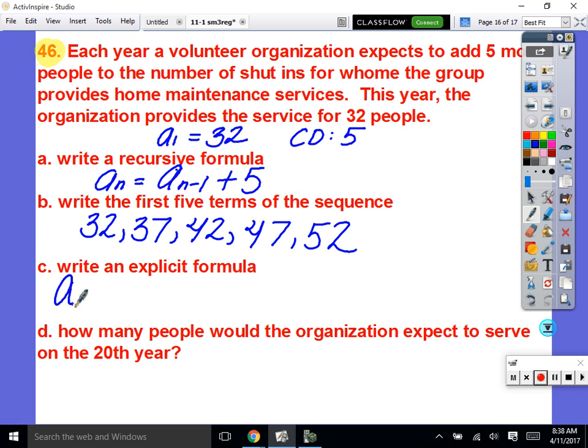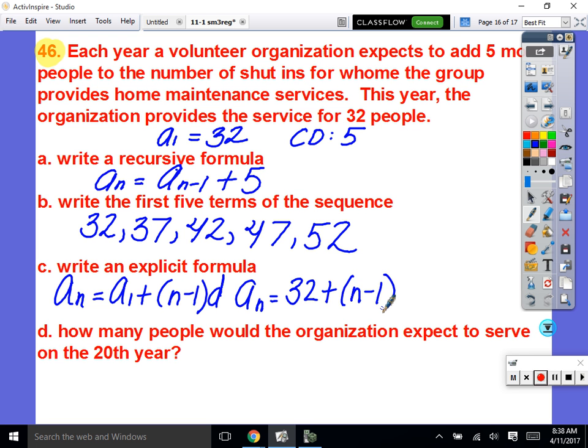It says write an explicit formula. So let's write it out. We would say the explicit formula is a sub n is equal to, remember it's a sub 1 plus n minus 1 times d. So a sub n is equal to, a sub 1 is 32 plus n minus 1 times the common difference of 5. I do want you to simplify it, so then you'll multiply 5 in.